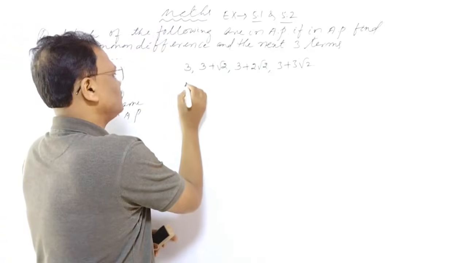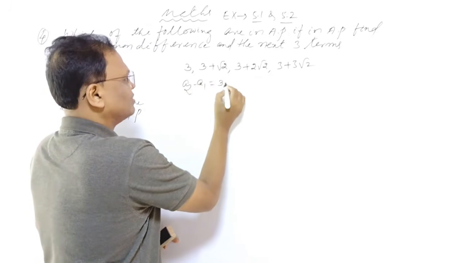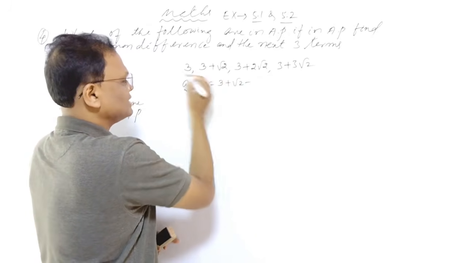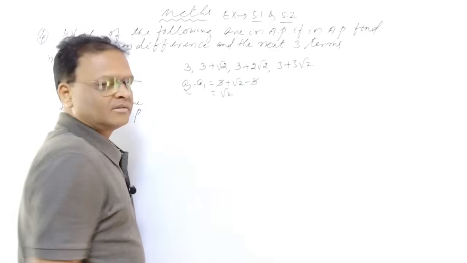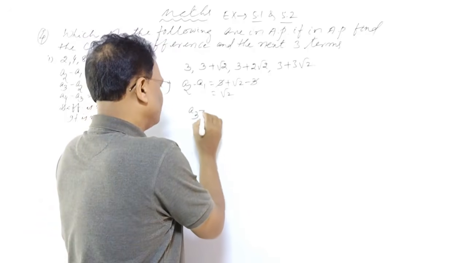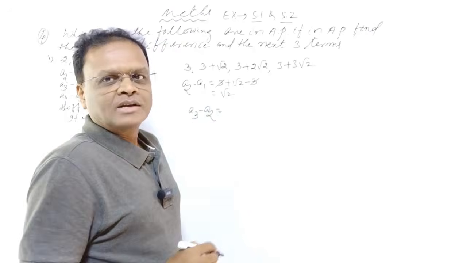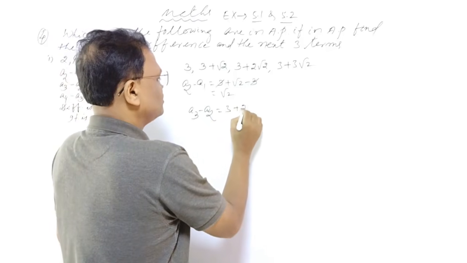Now what is my a2? a2 minus a1. a2 is 3 plus root 2 minus a1, which is 3. So plus 3 minus 3 gets cancelled and this is your root 2. Okay. Now a3 minus a2. What is a3? a3 is 3 plus 2 root 2.